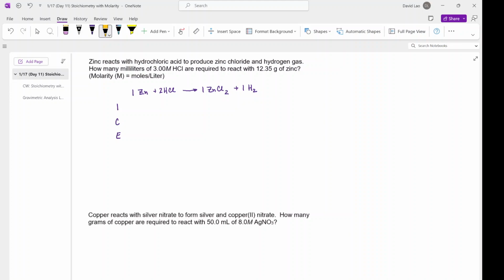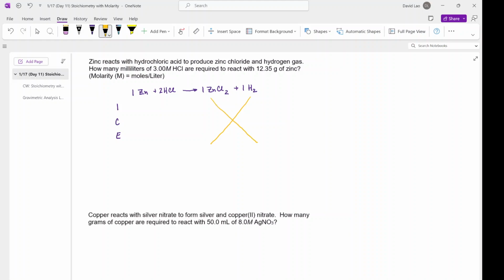Say we have some 12.35 gram pile of zinc, and we're going to pour some hydrochloric acid onto it in order to fully react all of it. It doesn't actually ask for how much product we make, and so we don't care. These two columns are not really relevant to the problem.